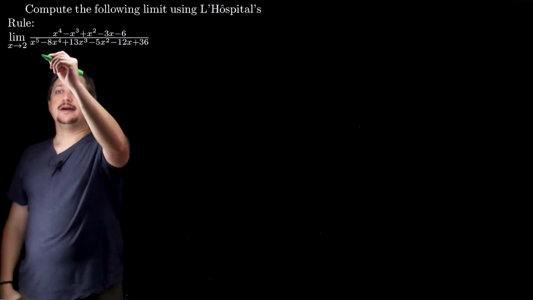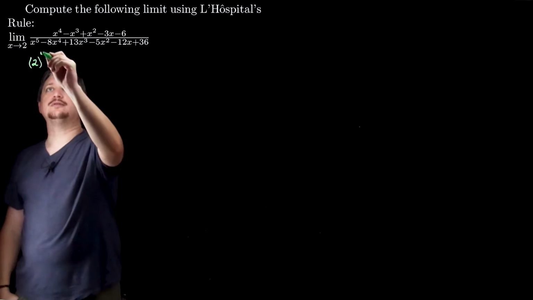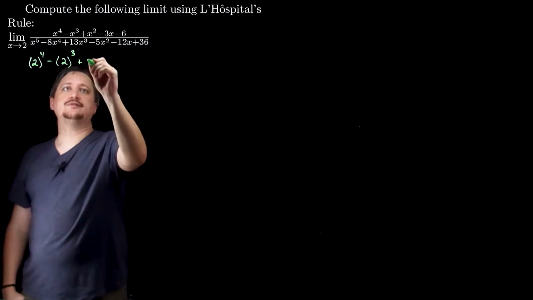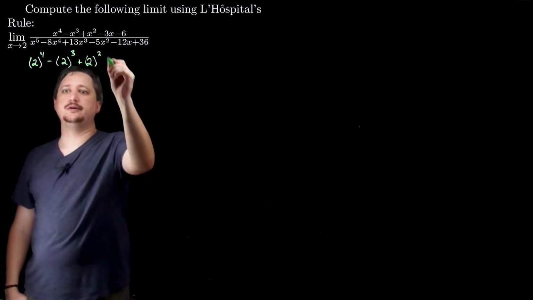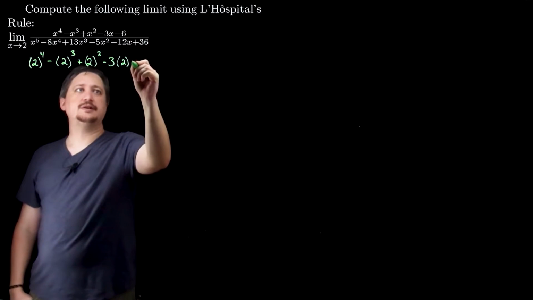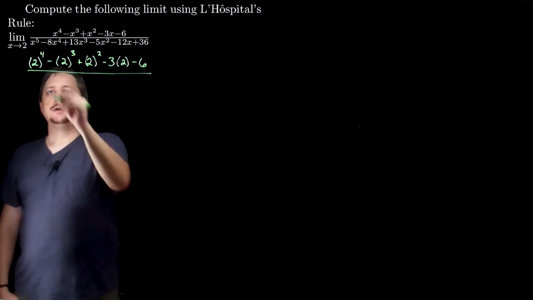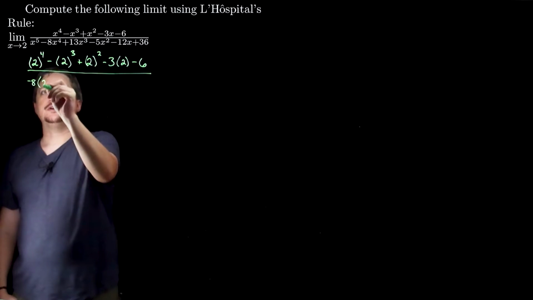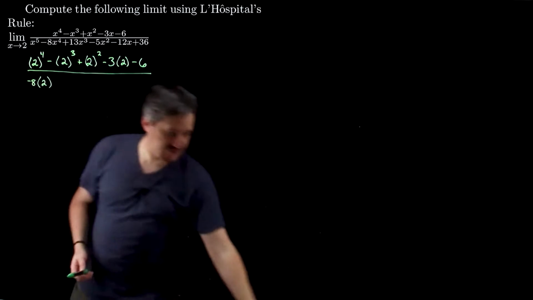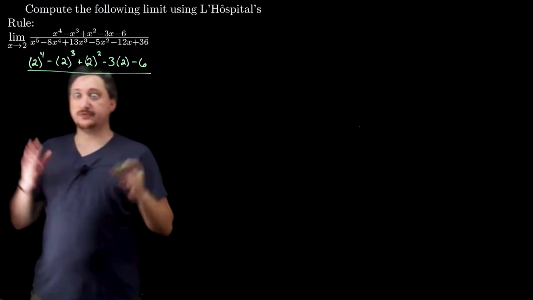So I plug in 2, so I get 2 to the 4th minus 2 cubed plus 2 squared minus 3 times 2 minus 6, all over minus 8 times 2 to the 5th. Oh, sorry, I skipped ahead a term. My bad. Let me actually write all of the terms.